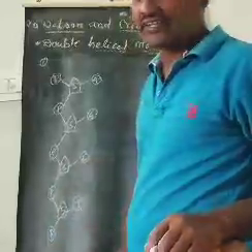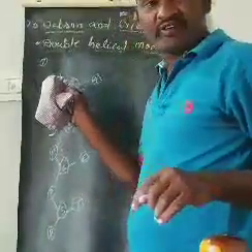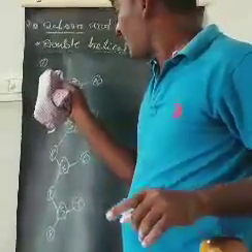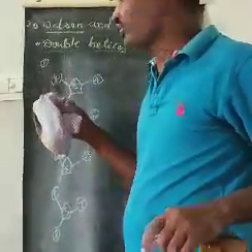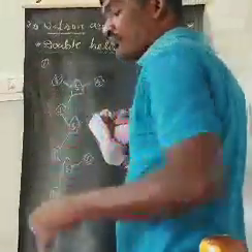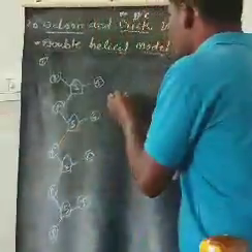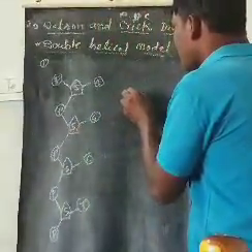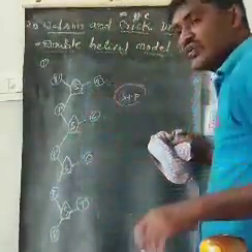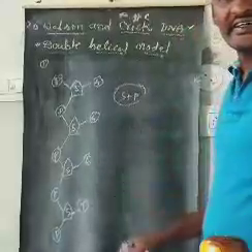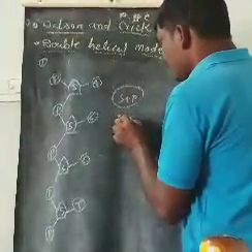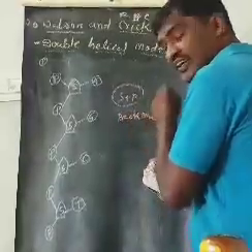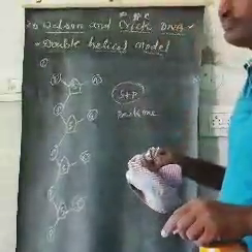So the phosphodiester bonds are connected to the pentose sugar. That's why the pentose sugar plus the phosphodiester bond of the phosphate molecule is the backbone of the DNA molecule. Keep it in your mind.